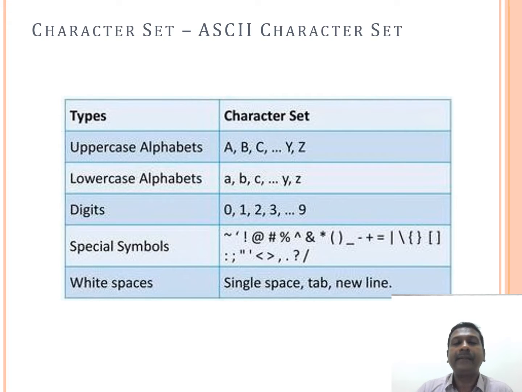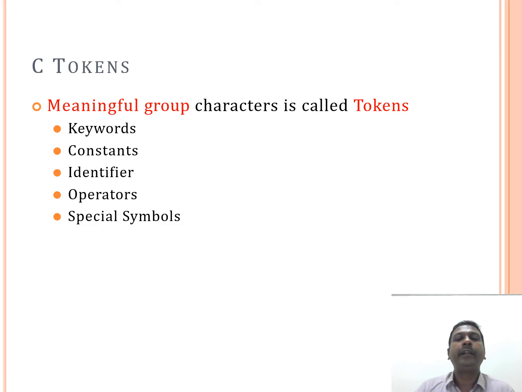If I want to write a C program, I need to pick only characters from this particular character set. These characters can now be grouped into something called tokens. Tokens are nothing but a meaningful collection of characters. These tokens are further classified into keywords, constants, identifiers, operators, special symbols, etc.